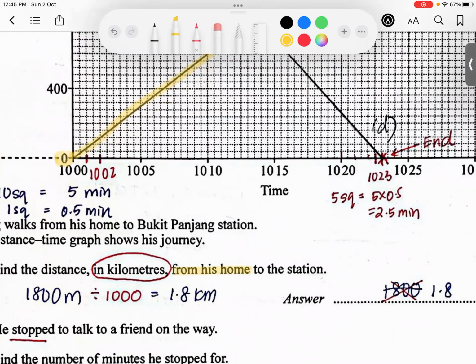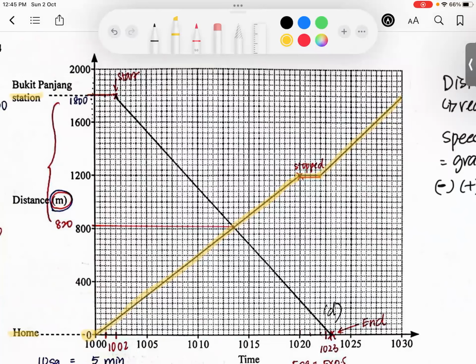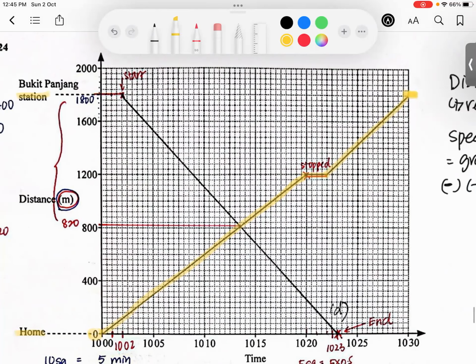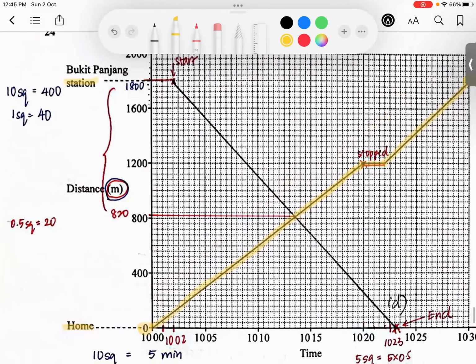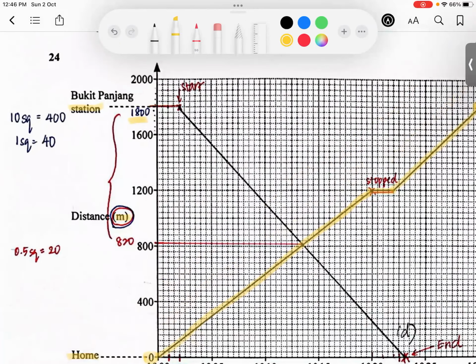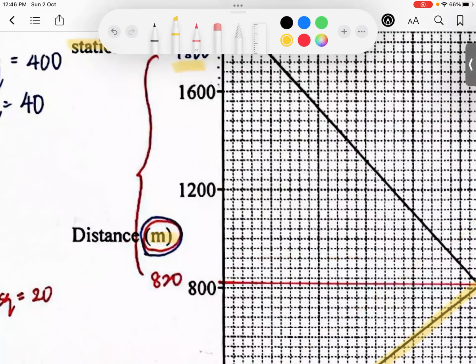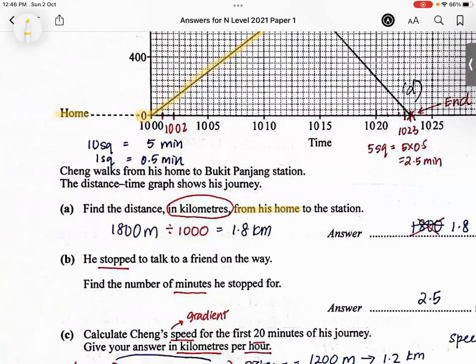In this case, I can read directly when he ends at the station over here. This is the ending point at the station. This number here, you read the scale, is 1,800. But read the axis for the units. This is 1,800 meters, so I have to change it to kilometers.